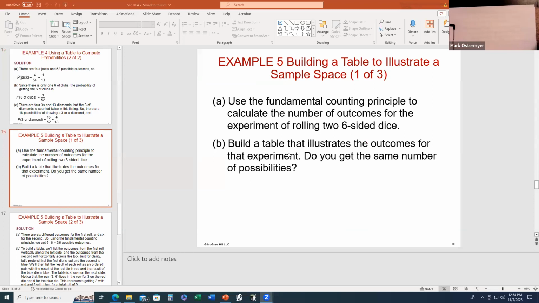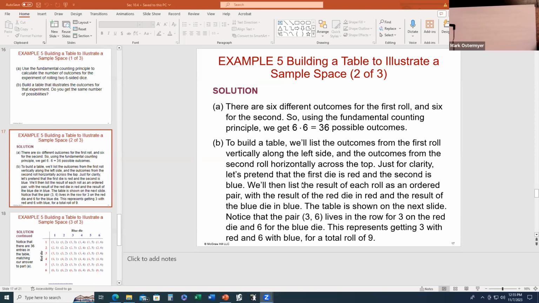All right, another example. Building a table to illustrate a sample space. Use the fundamental counting principle to calculate the number of outcomes for the experiment of rolling 2 6-sided dice. Build a table that illustrates the outcomes for that experiment. Now, there's 6 different outcomes for each die.